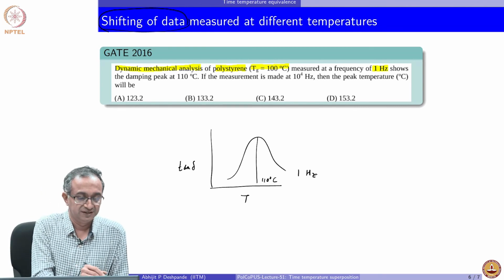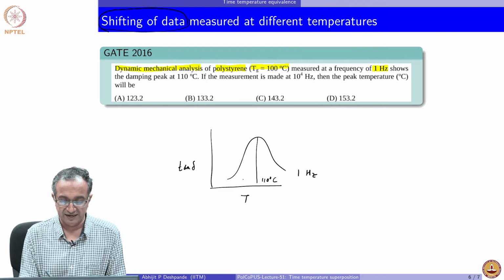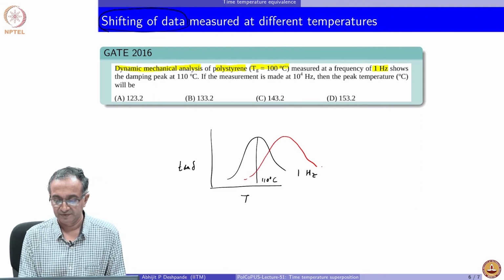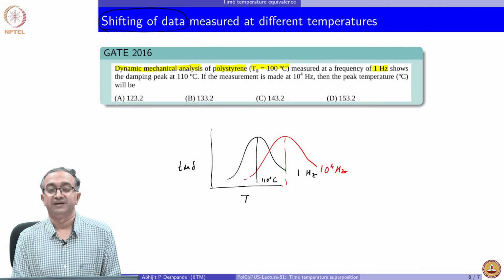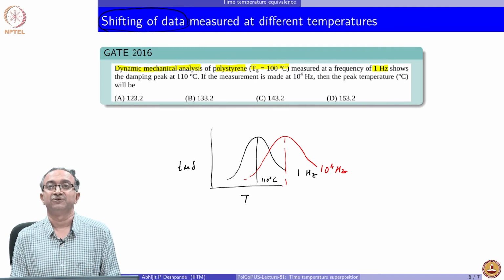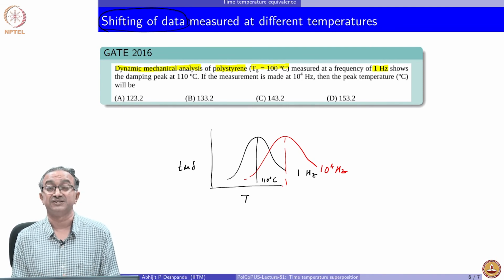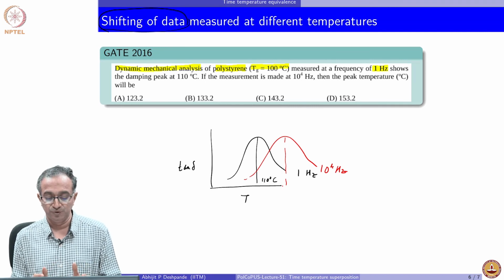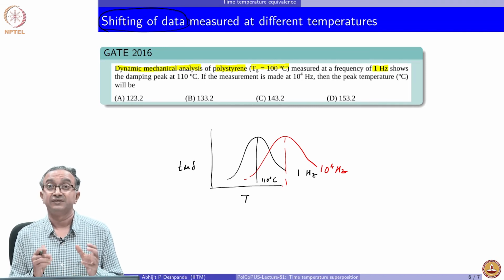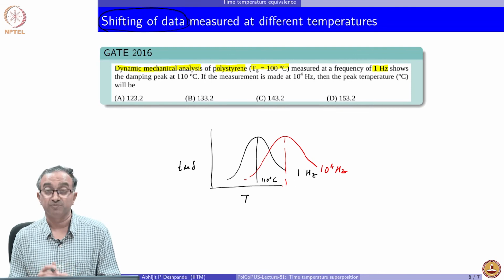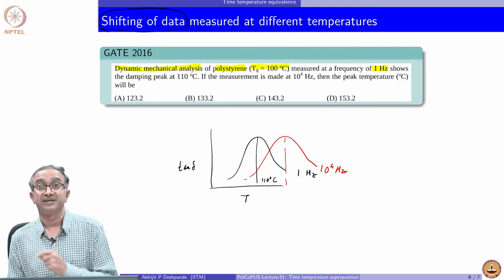So, what you would see is that at another frequency, 10 to the power 4 hertz, the peak would have shifted, and this is what is meant by shifting of data and time temperature equivalence. I could say that the same response is observed at 10 to the power 4, but at another temperature.